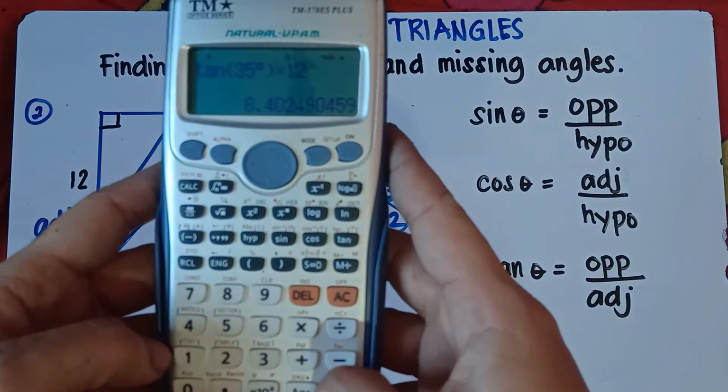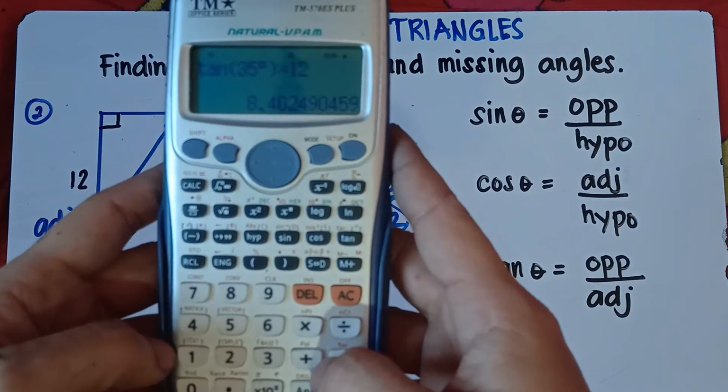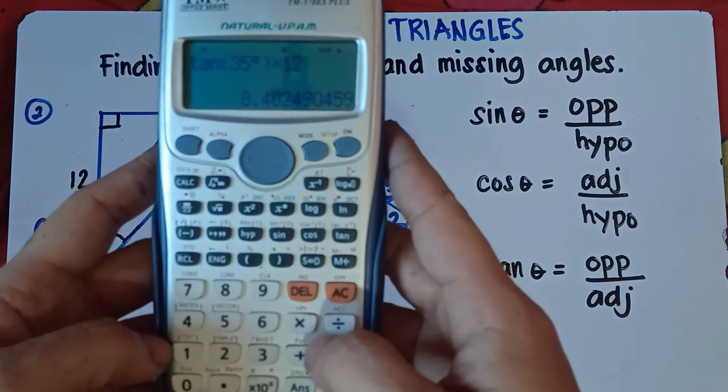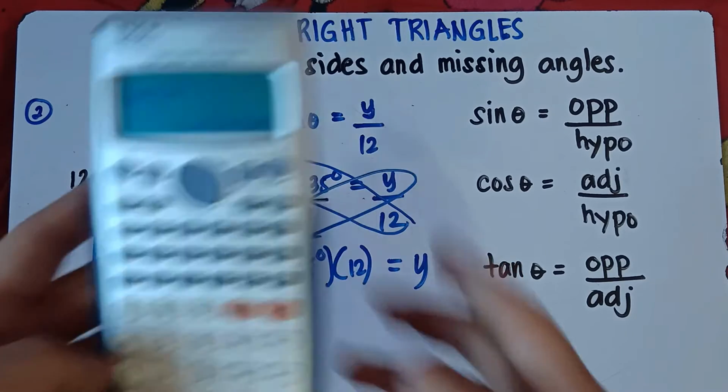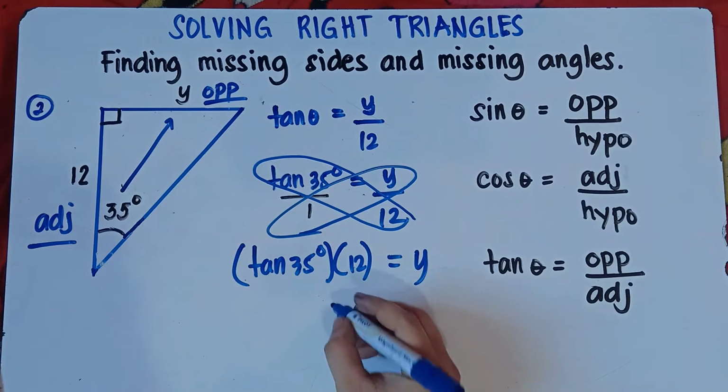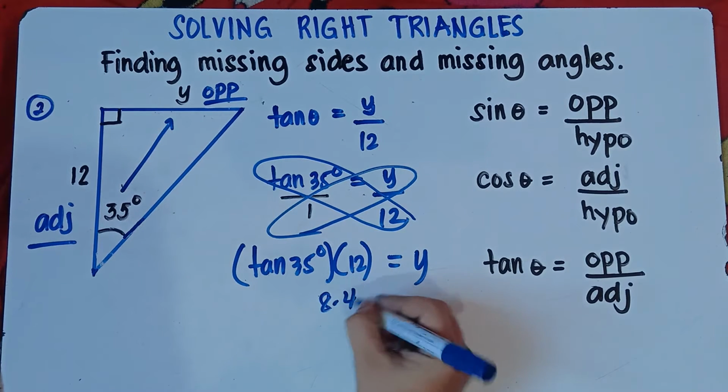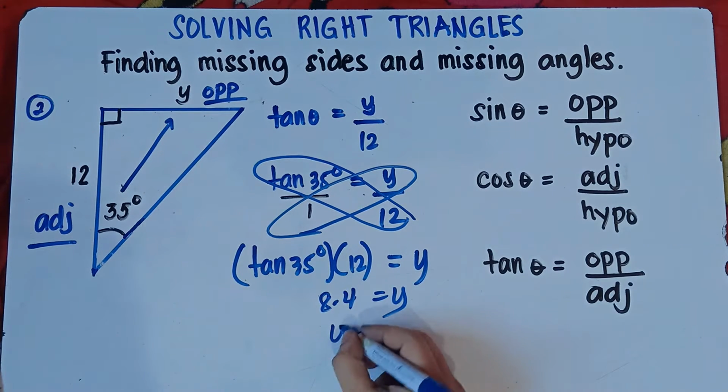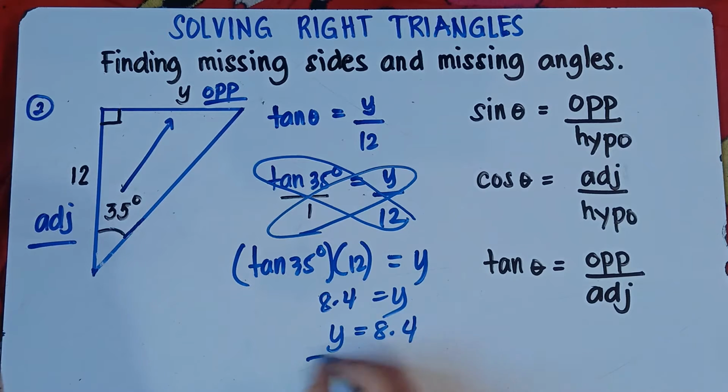You can write 8.4 or 8.40, it depends on which you prefer. So let's have 8.4. Therefore, y is equal to 8.4.